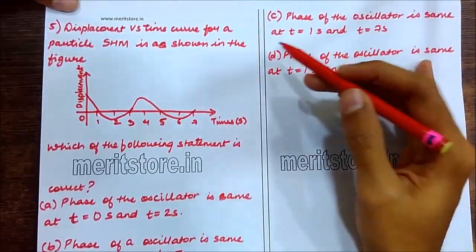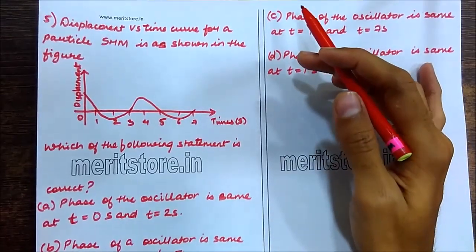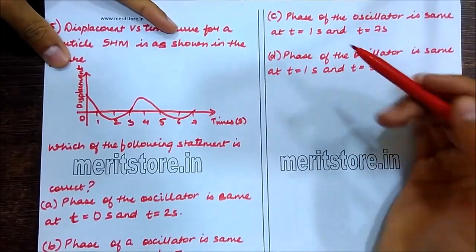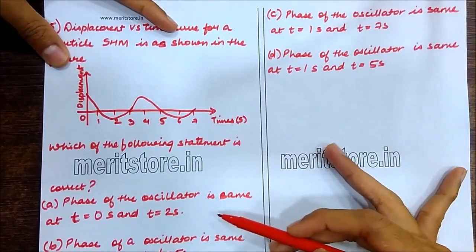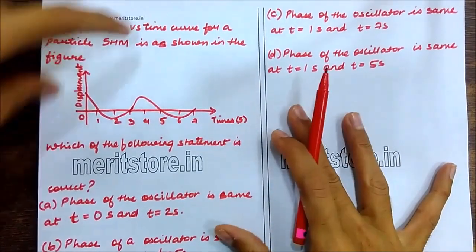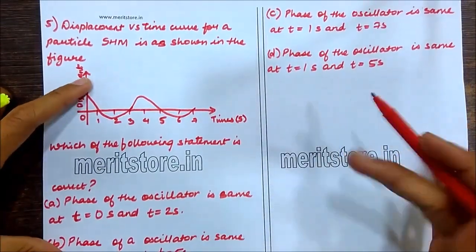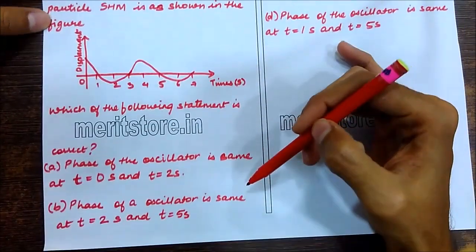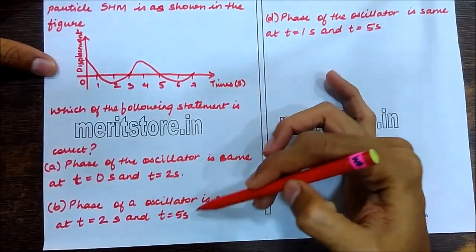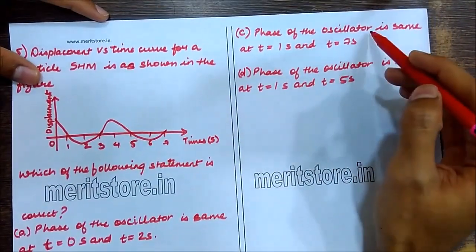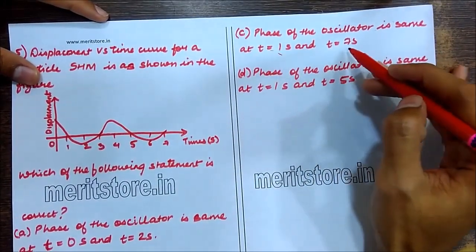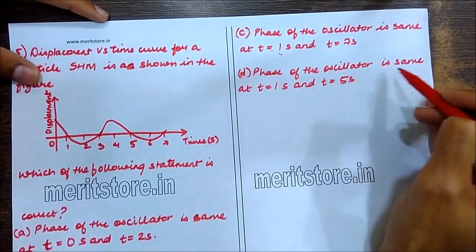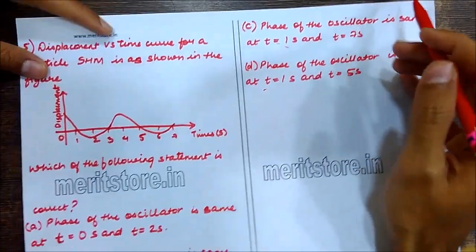The displacement versus time curve for a particle performing SHM is shown. Which of the following statements is correct? Phase of the oscillator is same at time equals 0 and time equals 2 seconds. Phase of the oscillator is same at t equals 2 seconds and t equals 5 seconds. Phase of the oscillator is same at t equals 1 second and t equals 7 seconds. Phase of the oscillator is same at t equals 1 second and t equals 5 seconds.